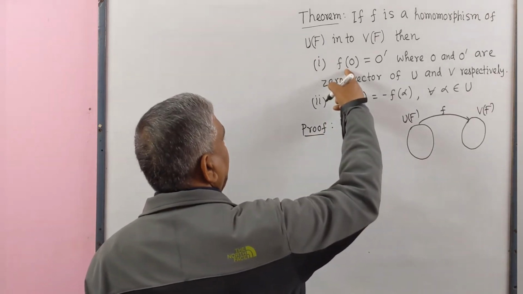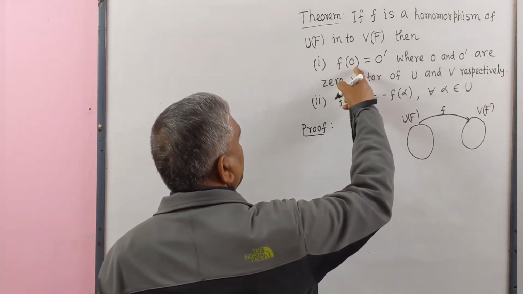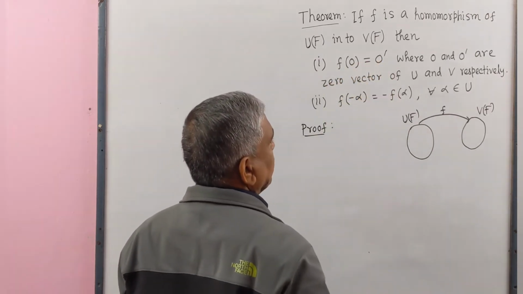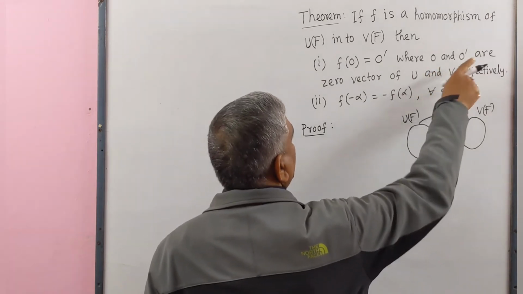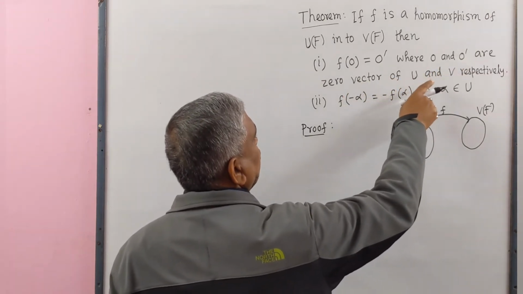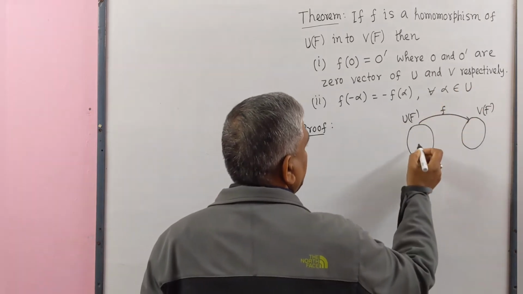Then number 1, F(0) equals 0 prime, where 0 and 0 prime are the zero vectors of U and V respectively.